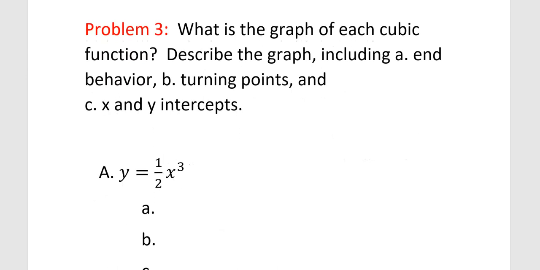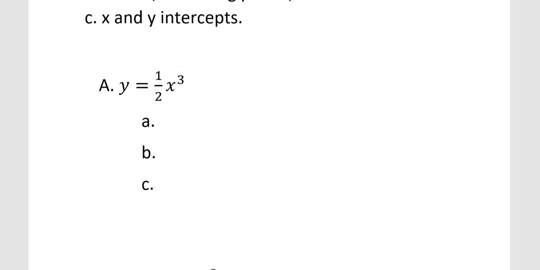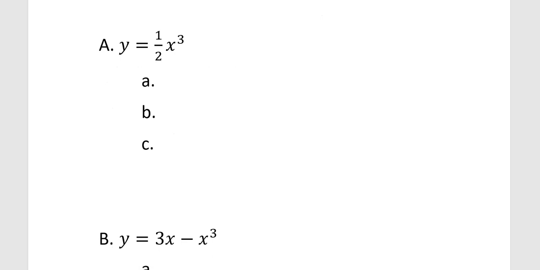Okay, so what's the graph of each cubic function? Describe the graph, including the end behavior, the turning points, and the x and y intercepts. So I've changed this one just a bit. We're not going to focus too much in this section on the exact turning points and what they are, because the book assumes that you all have a graphing calculator in your hands.